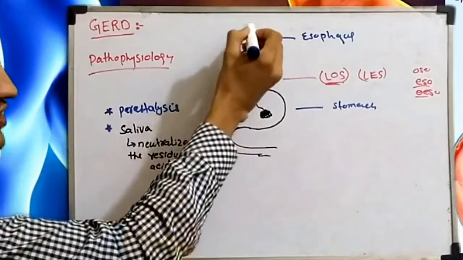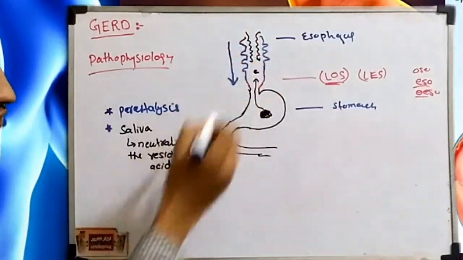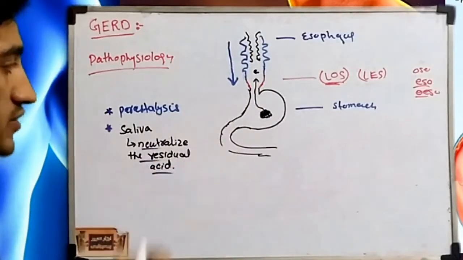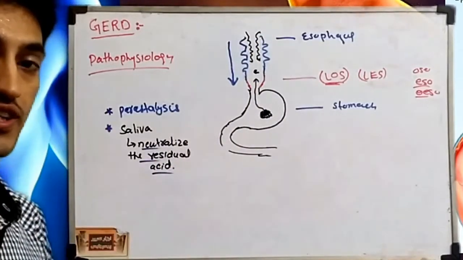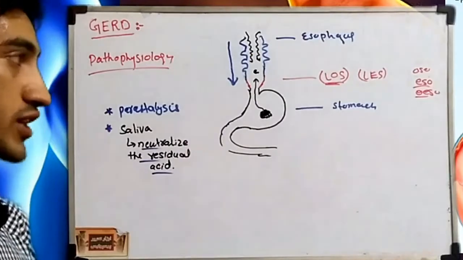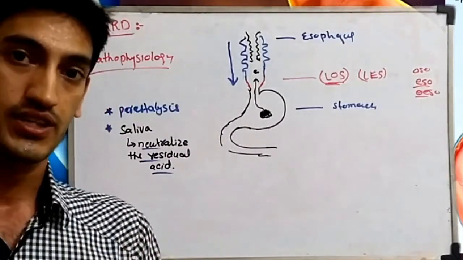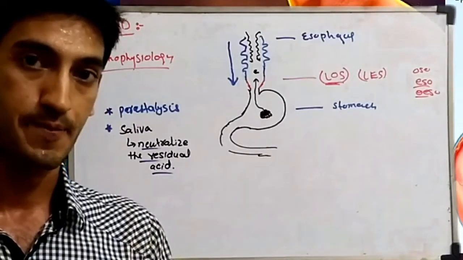And number two, the saliva which comes down to the esophagus will neutralize the residual acids. So it will not cause any damage to the esophageal mucosa, and there will be no sign and symptom of gastroesophageal reflux disease.